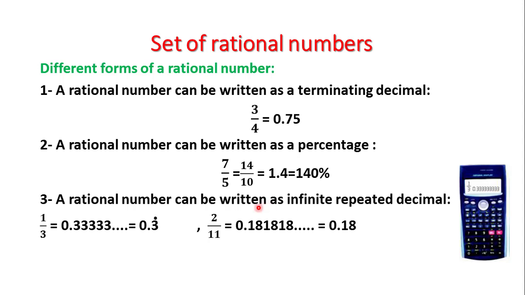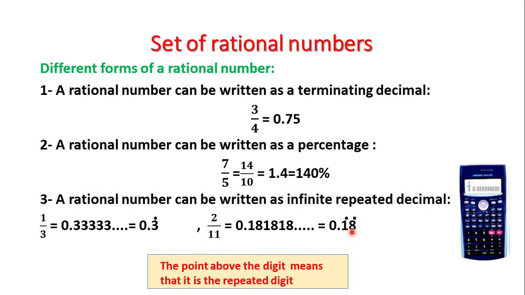We will put here a dot. It means that this digit is repeated. Also here we will put 2 dots to show that the 2 digits are repeated. So the point above the digit means that it is the repeated digit.